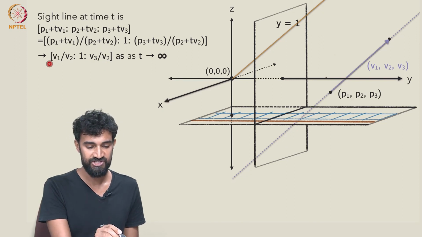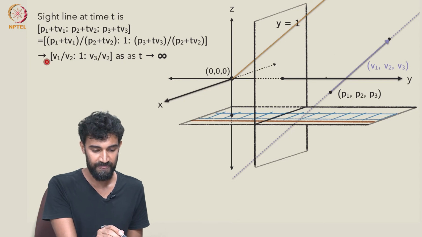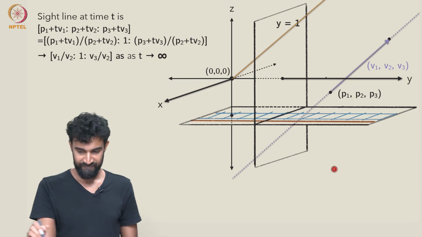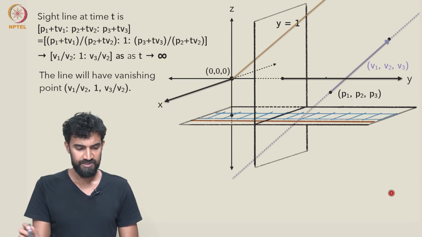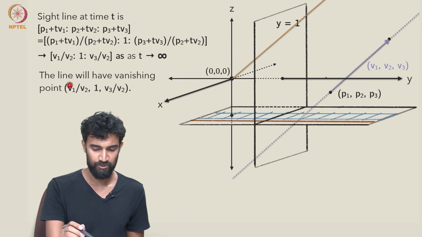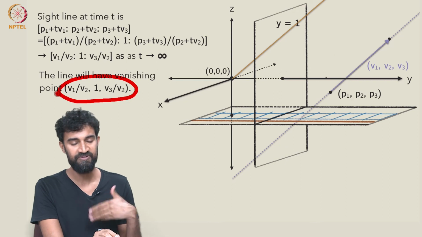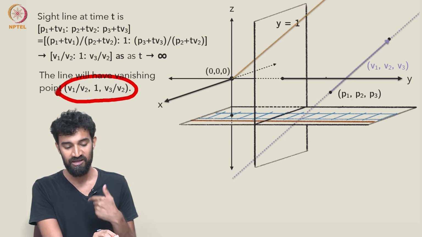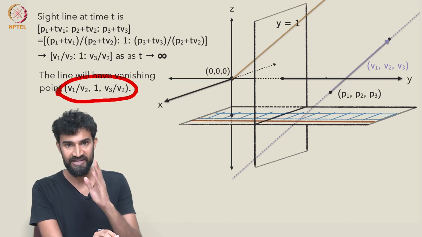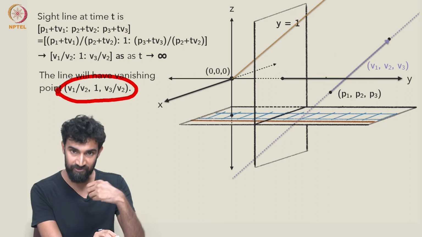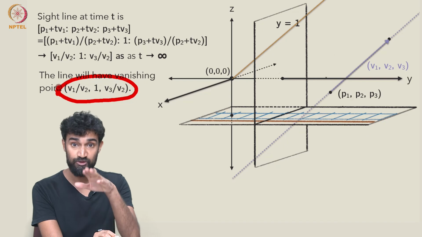So this goes to the following homogeneous coordinate as t goes to infinity. In other words, in the picture plane, the line is going to have a vanishing point v1 over v2, comma 1, comma v3 over v2. That's the point in the picture plane, which is the vanishing point, as we follow this line with our sight line off to infinity.